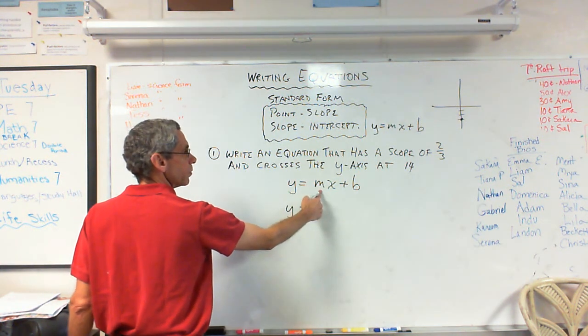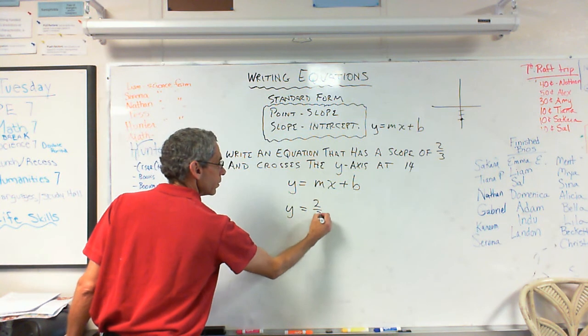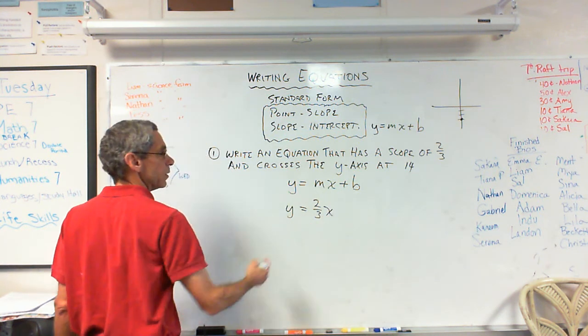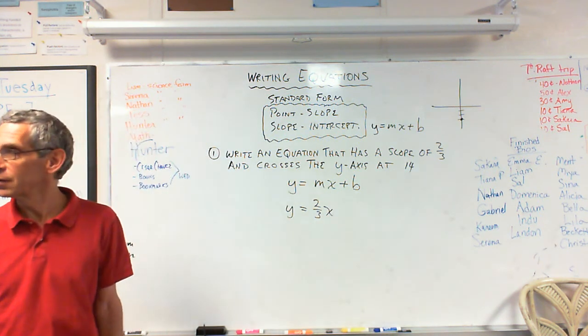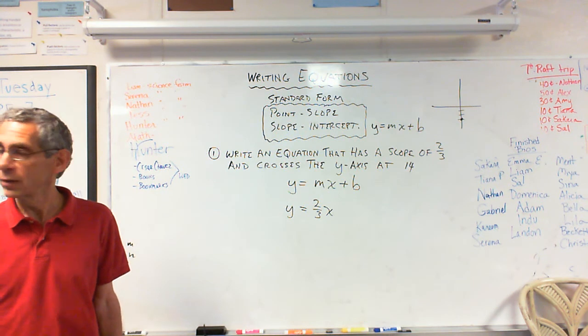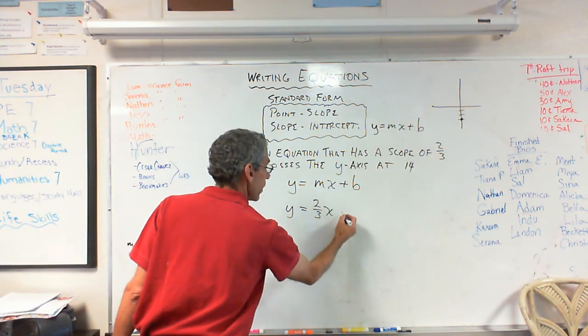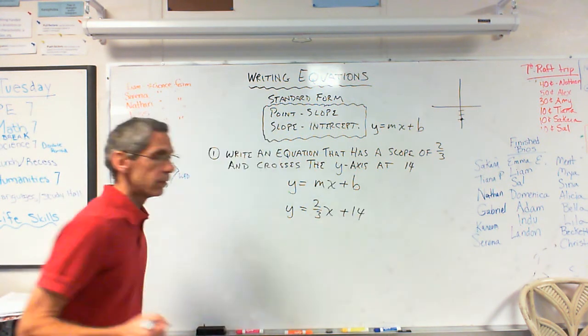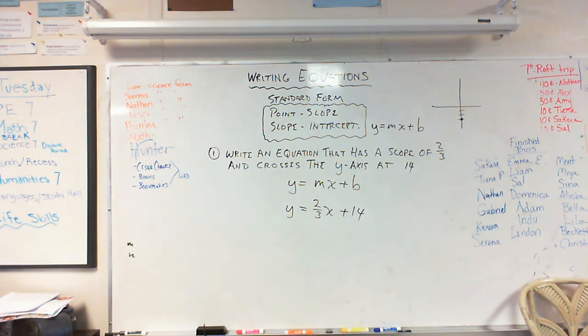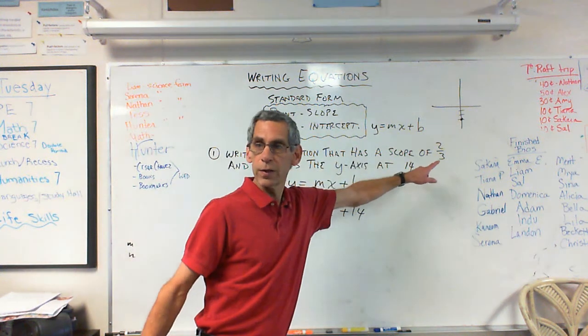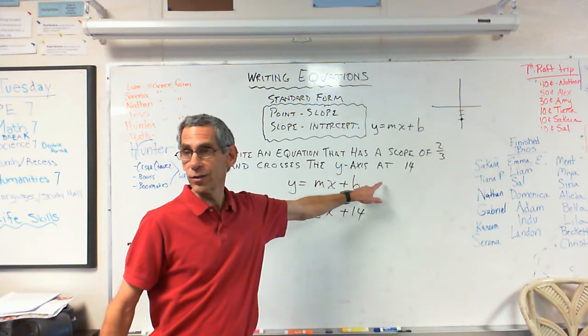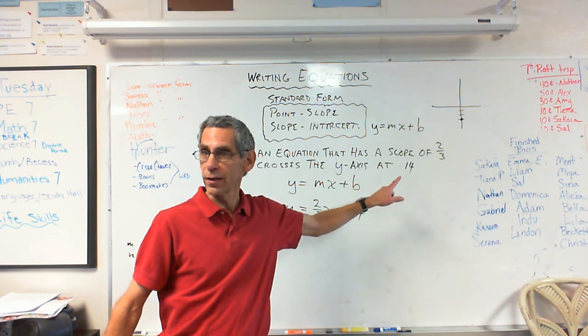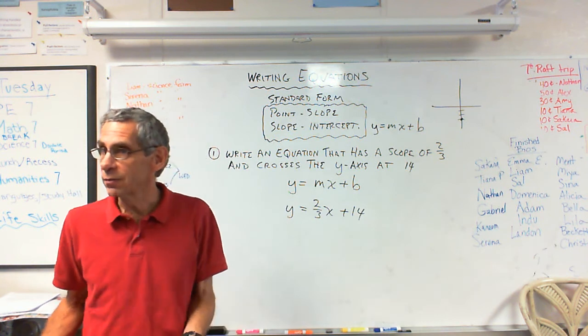M is my slope, 2/3. I have to keep my x next to it. And what's my y-intercept? Yes, because it's crossing my y-axis, plus 14. We're done. Look at how fast and easy that is. The data is that they gave me a slope and a y-intercept, the y-axis crossing at 14. So that's my data. Does that make sense?